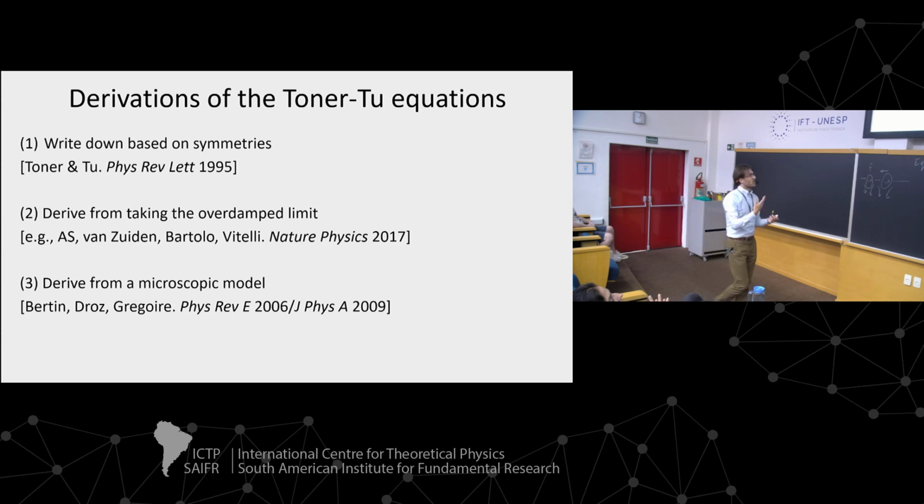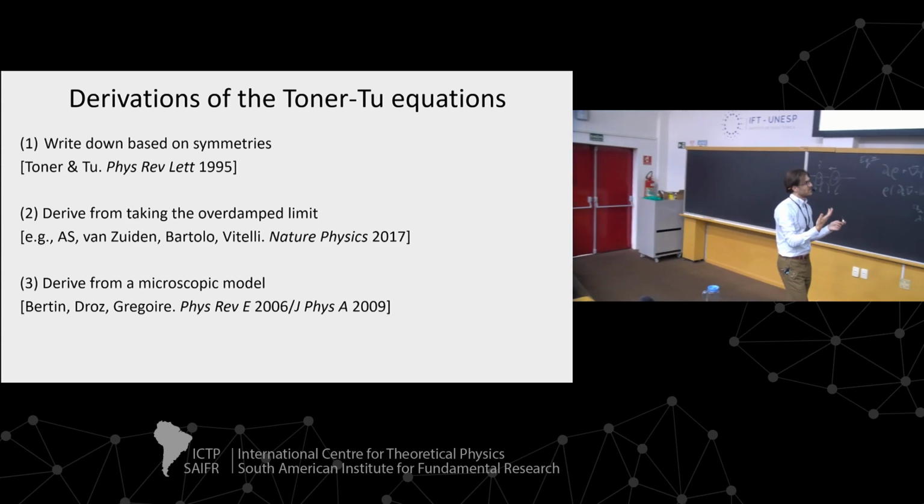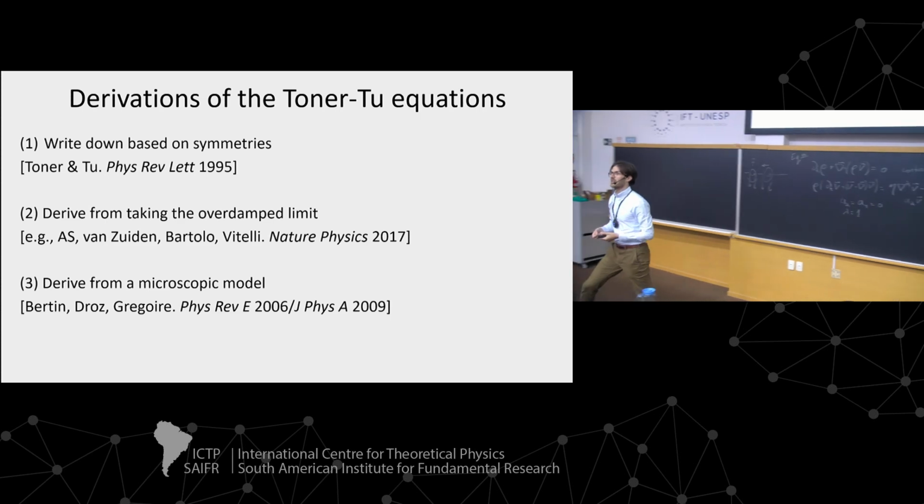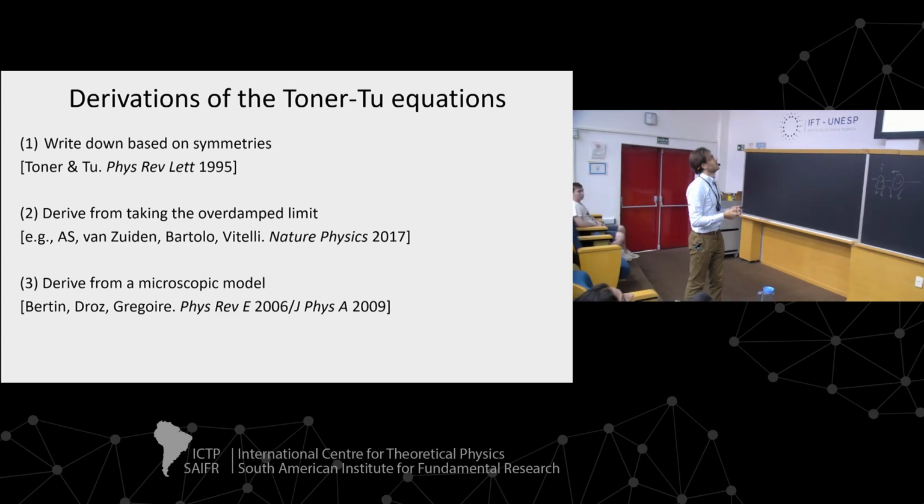All right, so this is the symmetry-based argument, and most of what I'll tell you about actually relies on symmetry-based arguments. That's an argument that I really like, and it was how these equations, or their generalization, were written down originally by Toner and Tu back in 1995. That's probably one of the first works of active matter physics.